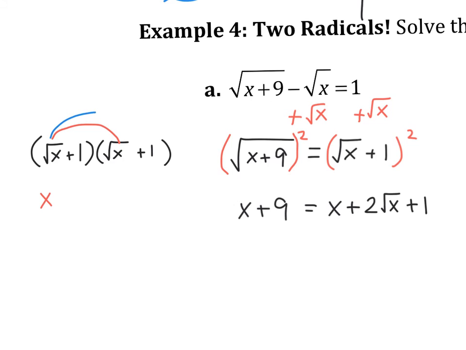Next, I have radical x times 1 and 1 times radical x. So when you combine those, you get 2 radical x. And lastly, we have 1 times 1, which is a 1. So, generally speaking, we do get squares, but the square of a radical kills the radical. So that's what we have there.